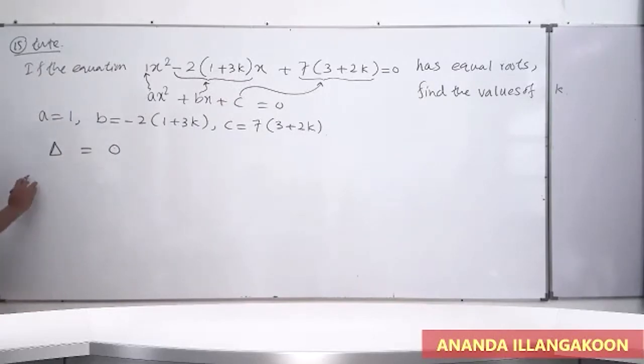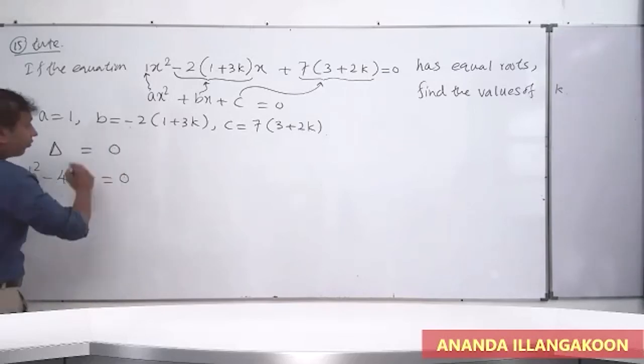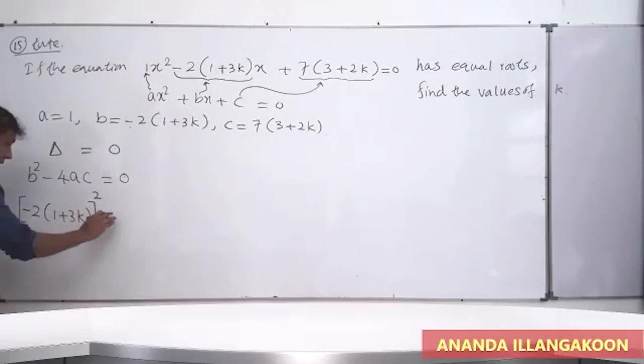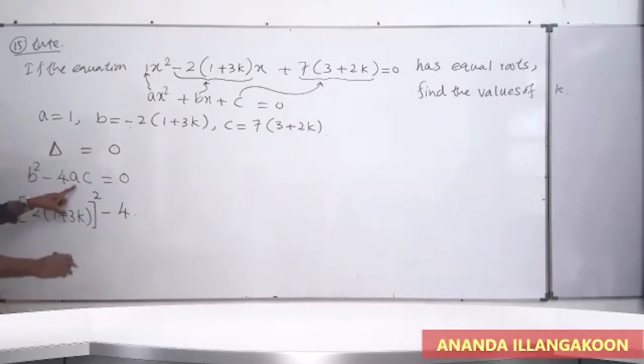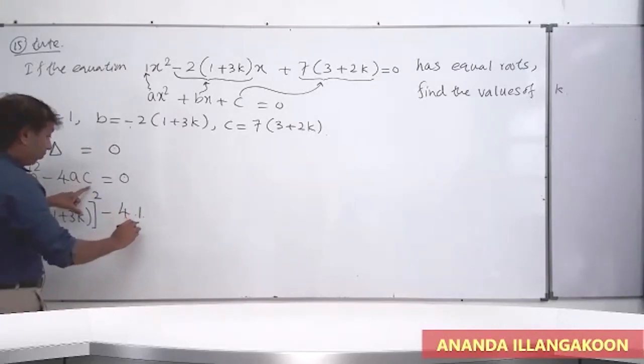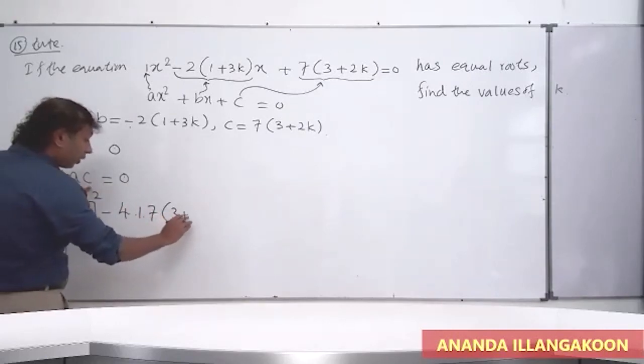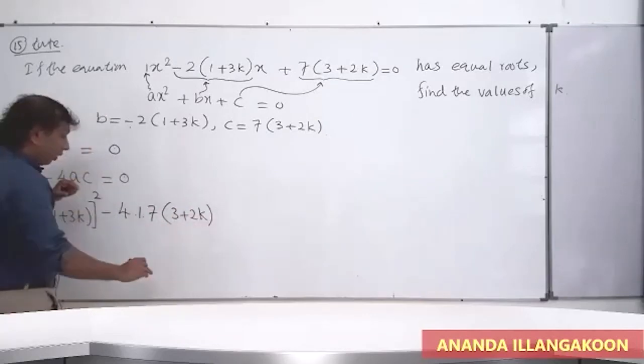What is delta? B squared minus 4ac equals 0. B squared, the square of minus 2 times 1 plus 3k, minus 4 times A which is 1, times C, 7 times 3 plus 2k, equals 0.